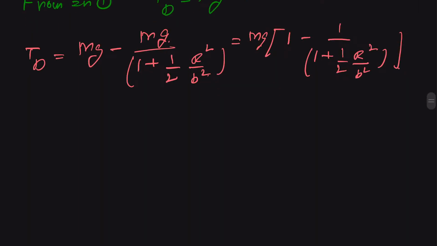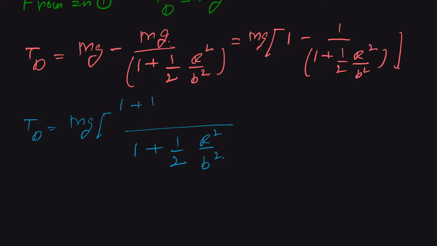And let us take the LCM. So we get T descending is equal to mg, and it comes as 1 plus 1 by 2 r square upon b square minus 1, over 1 plus 1 by 2 r square upon b square. Plus 1 and minus 1 cancels out, and in the denominator we can also take our LCM.